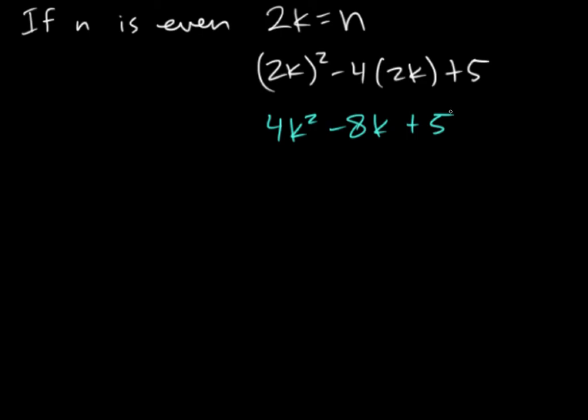What we can do with that is we can break this 5 into 4 plus 1. So we get 4k squared minus 8k plus 4 plus 1. And the reason why we're doing that is because we can factor out a 2.